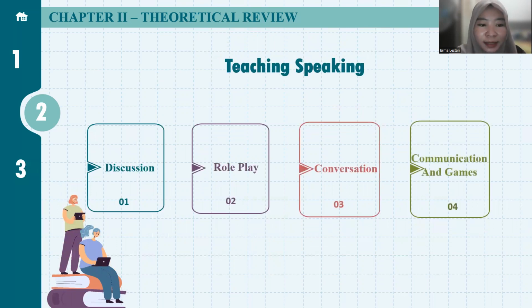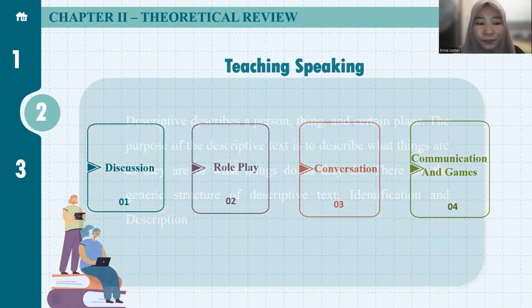The English teaching learning process in a senior high school is based on the school-based curriculum. According to Murcia 2001, there are some activities in teaching English speaking that can be implemented in the classroom. They are discussion, role play, conversation, communication and games.